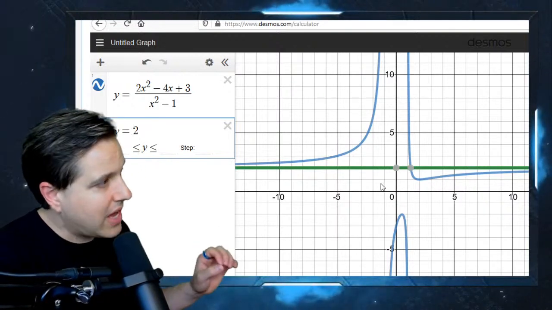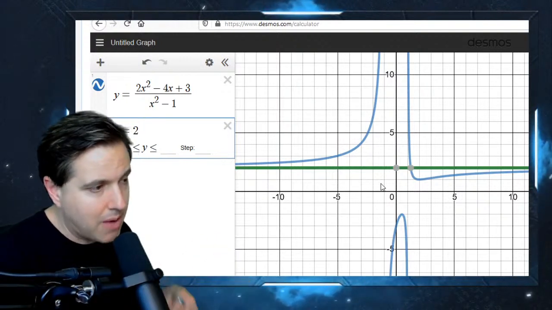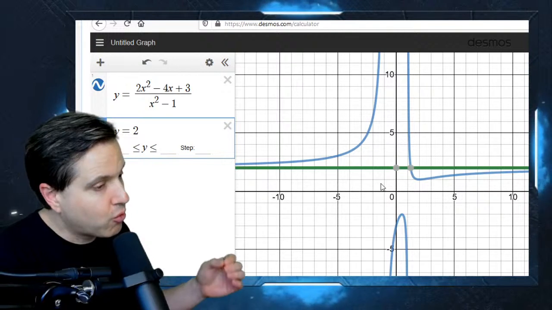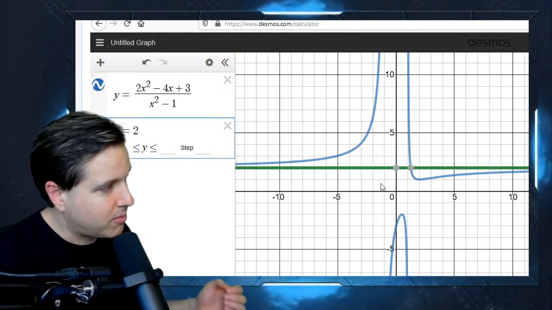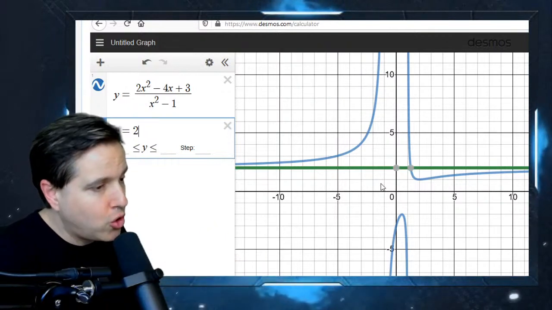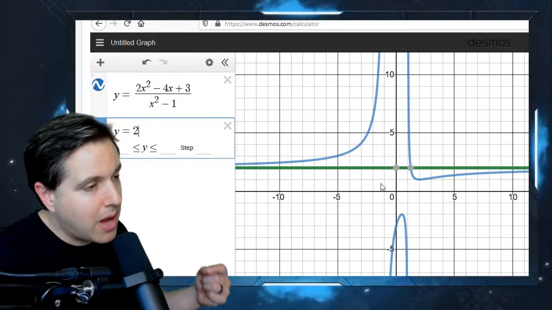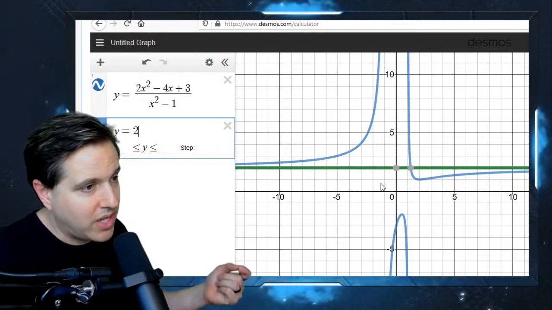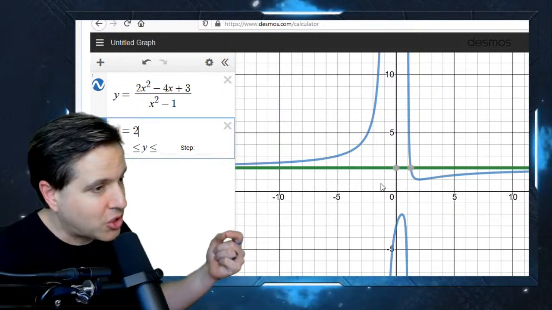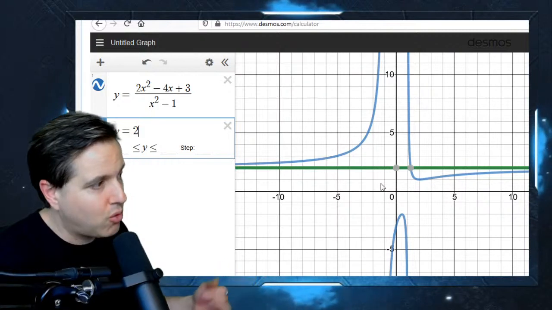So in this case, if the degree of the numerator is equal to the degree of the denominator, what you do is take the ratio of the coefficients on those 2 highest terms. Because in this case, our numerator is growing at the rate of a square, and the denominator is growing at the rate of a square, right? The only difference between these two is that there's a 2 multiplying the term on top and nothing multiplying the one on bottom.